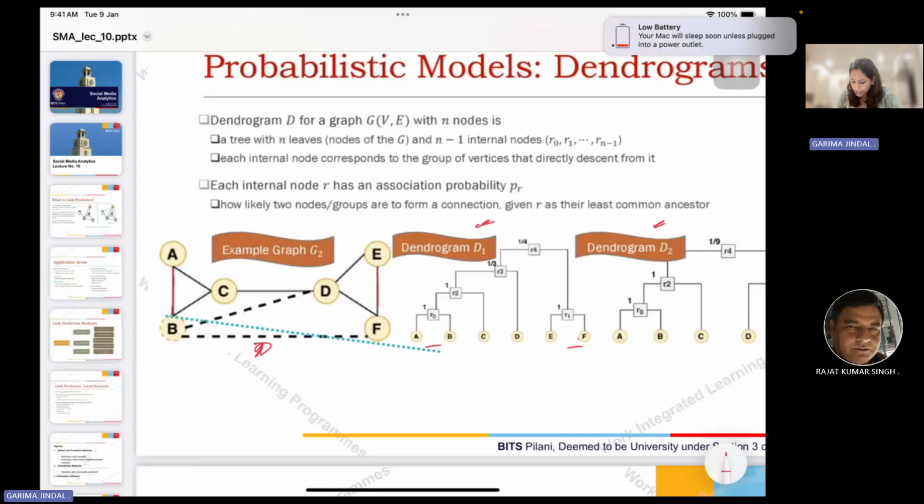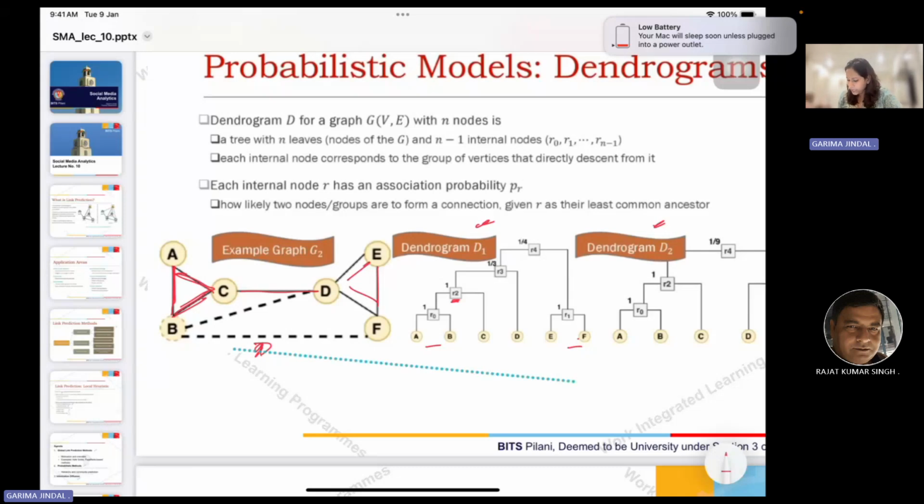Then A and B are connected to C at level 2. This group is connected to D at the third level. Then at the fourth level, E and F are connected to D. So this is the hierarchy in the network.